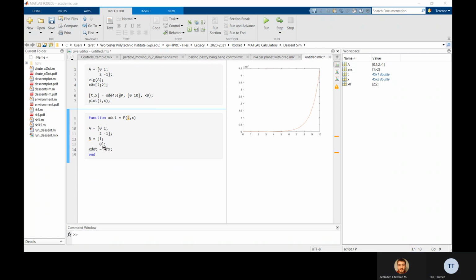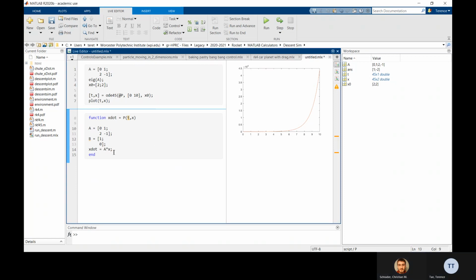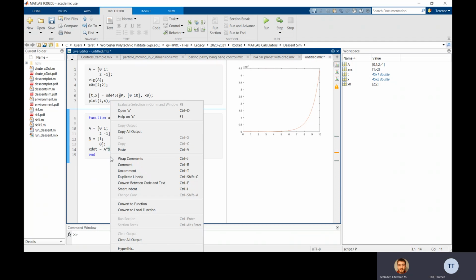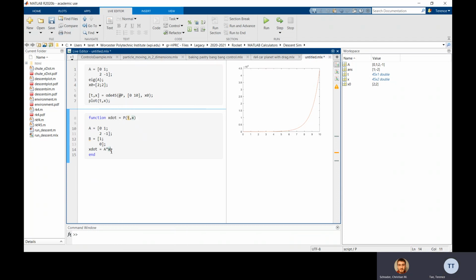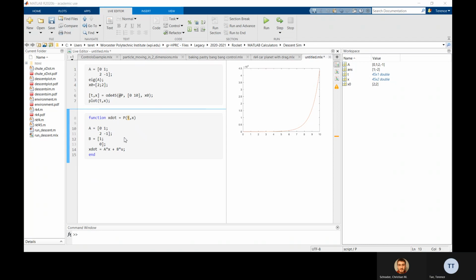Basically, what this B is saying is that U controls X1 but doesn't affect X2. Yes. Okay, and then you had this equation for U somewhere. Yeah, I'll copy paste that for you. Thanks.